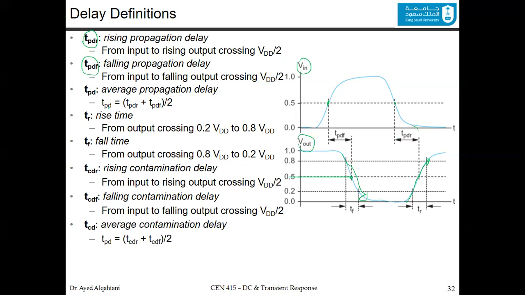Now, if you do the same thing that we discussed here for the contamination, it is exactly the same. The only thing is now you have the shorter delay. It's not drawn here. If you want to draw it, you would say, okay, I have two output curves. This is the output. If I choose, for example, D1, which is the long time, D0 is shorter than this. So it's something like this.